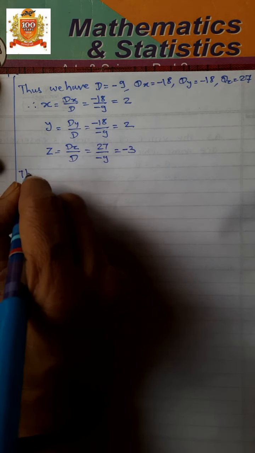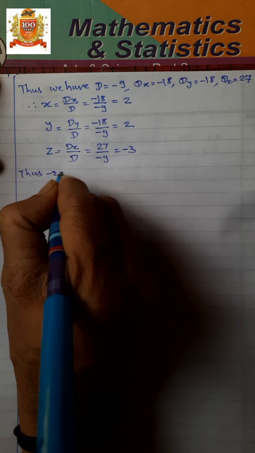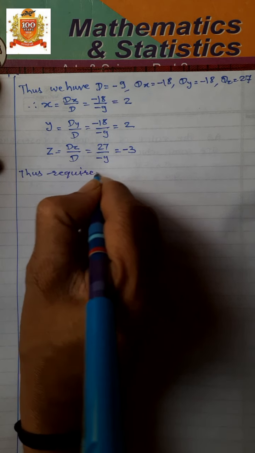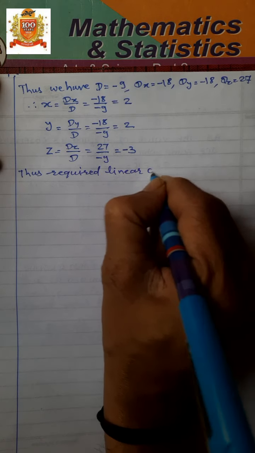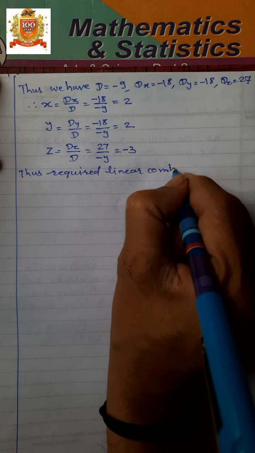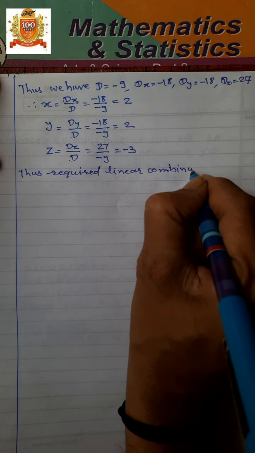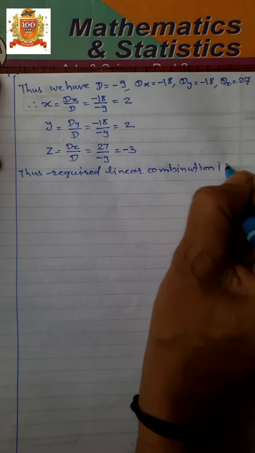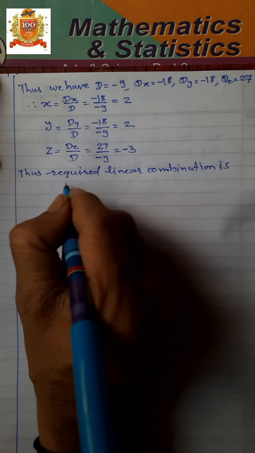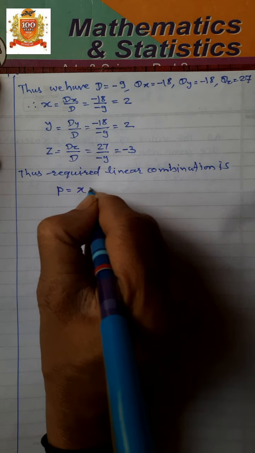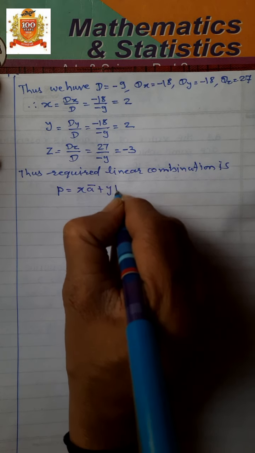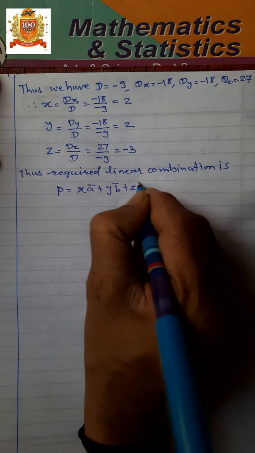Thus, the required linear combination is p bar is equal to x into a bar plus y into b bar plus z into c bar.